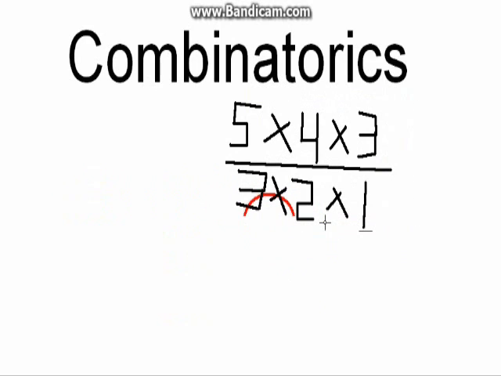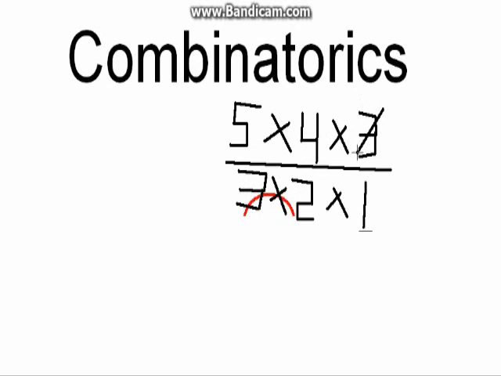So, the amount of different permutations we have when we arrange 3 differently colored balls among 5 spaces is 5 times 4 times 3, or 60 different possible permutations. 60 different ways. If the balls are all the same color, and we only care about the places where the balls are placed, not which balls are placed where, then it instead becomes 5 times 4 times 3 divided by 3 times 2 times 1.